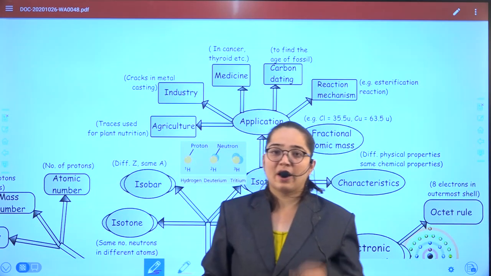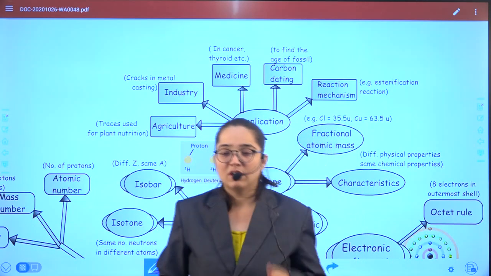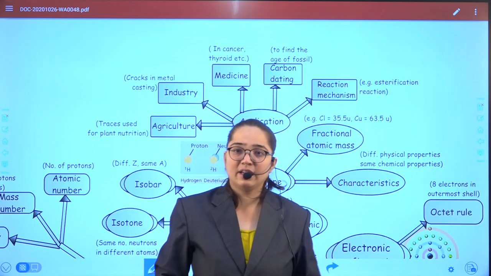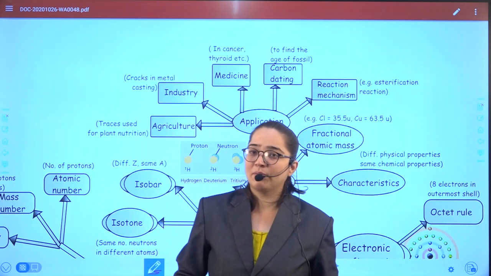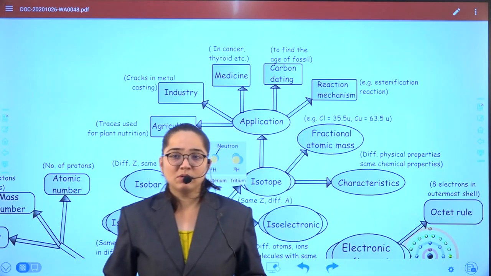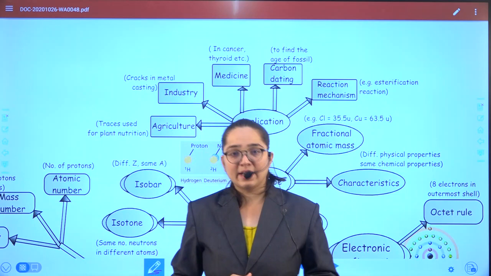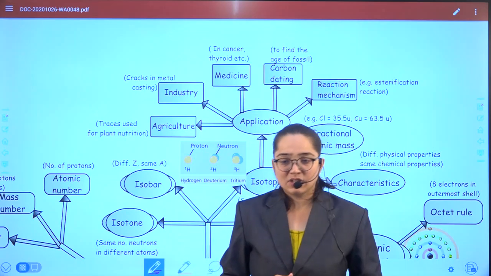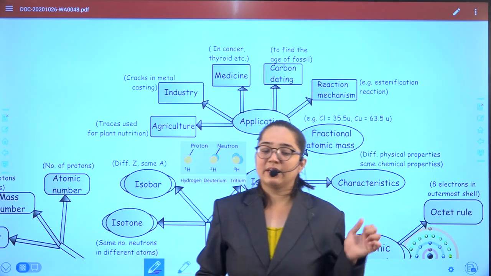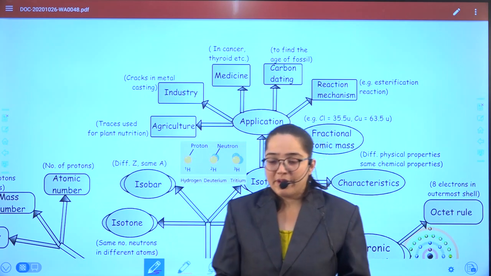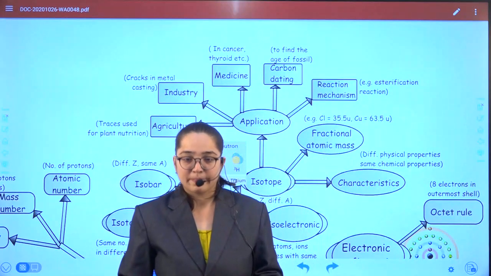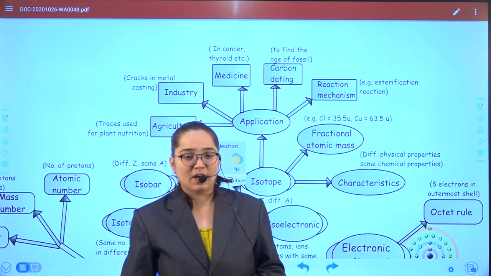I think you might have studied in class 10 how esters are formed: when alcohol and acid react, esters are formed, and there we use isotopes. So these are the basic applications of isotopes.